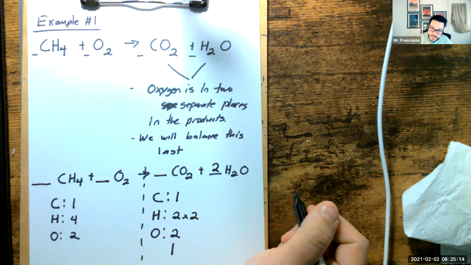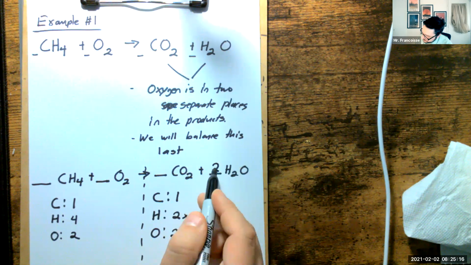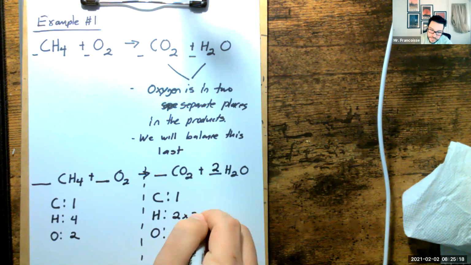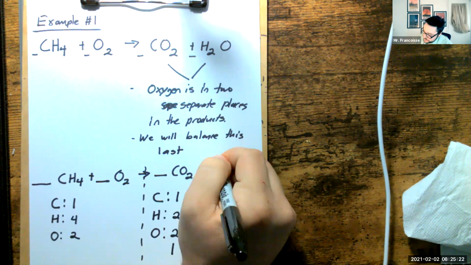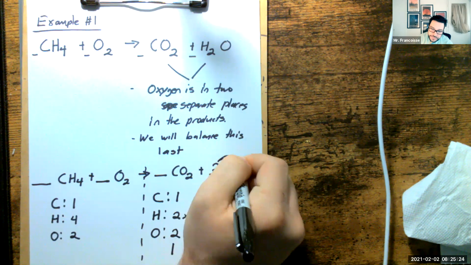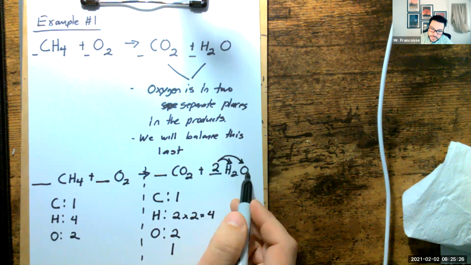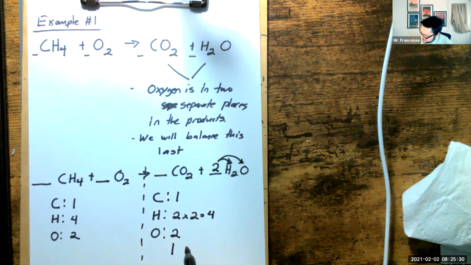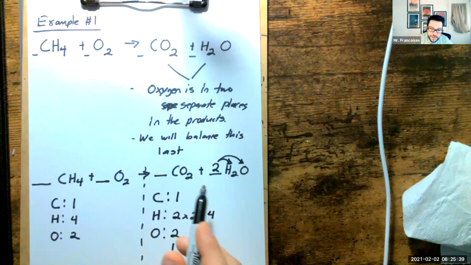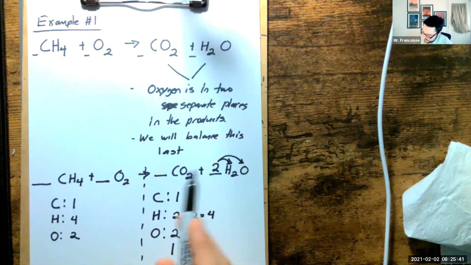Because 2 times 2 would give us 4. But this 2 also multiplies this oxygen. So it's going to multiply the single oxygen that we have down here by 2. So you can see why we wrote this separately, right? Because if we put them together, we would be multiplying the whole thing. We're only multiplying this oxygen. So it's going to be 2 here.